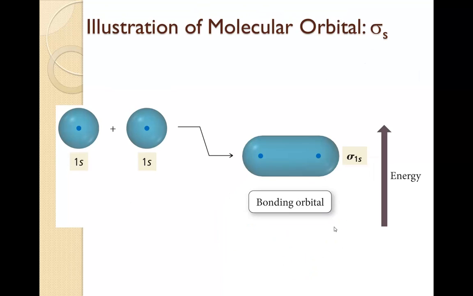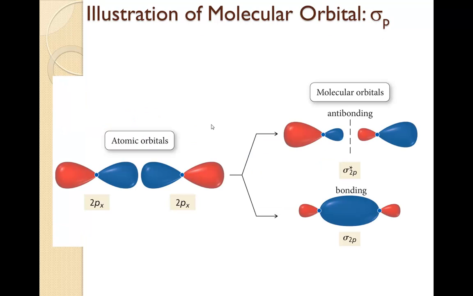As another example, we have 1s here and 1s here. They're coming together. Notice that they lower in energy to form that bonding orbital in phase. For p orbitals, px for example, they come together and they have this bonding lobe.